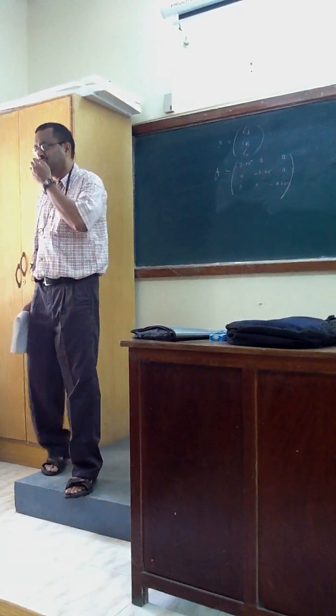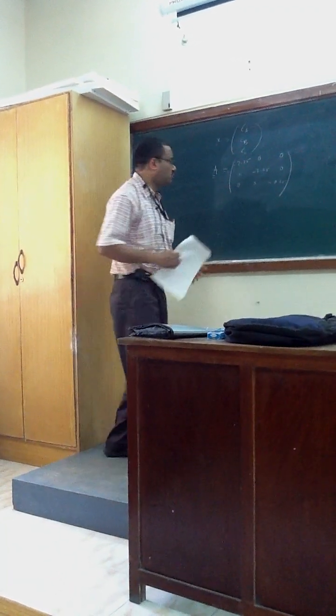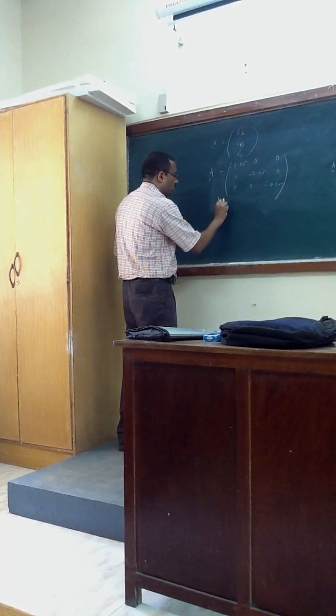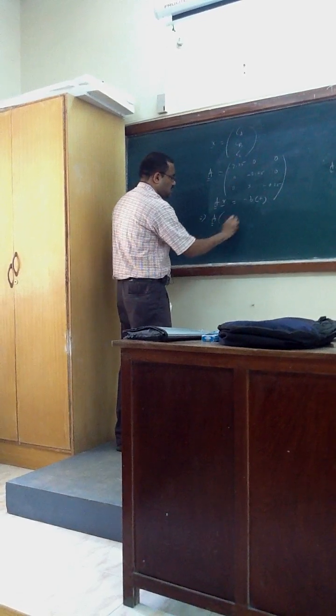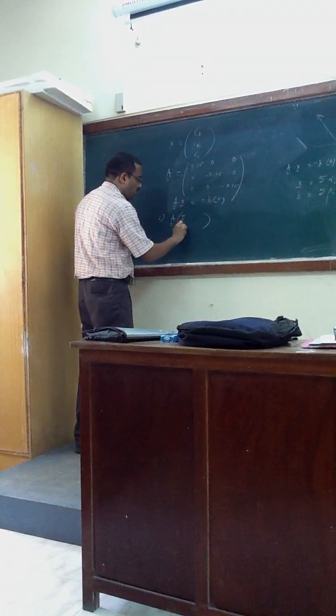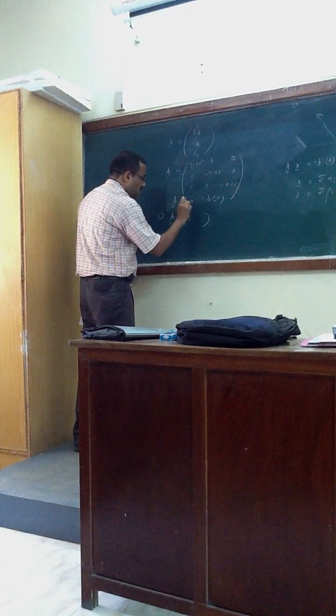But how do I start it? Sigma, remember anything? So it is A. That's what I want, but I am not getting this kind of answer. You should tell the steps.